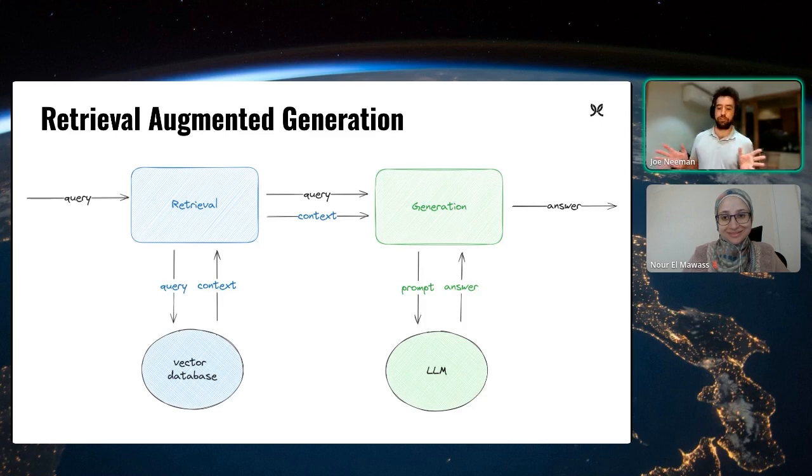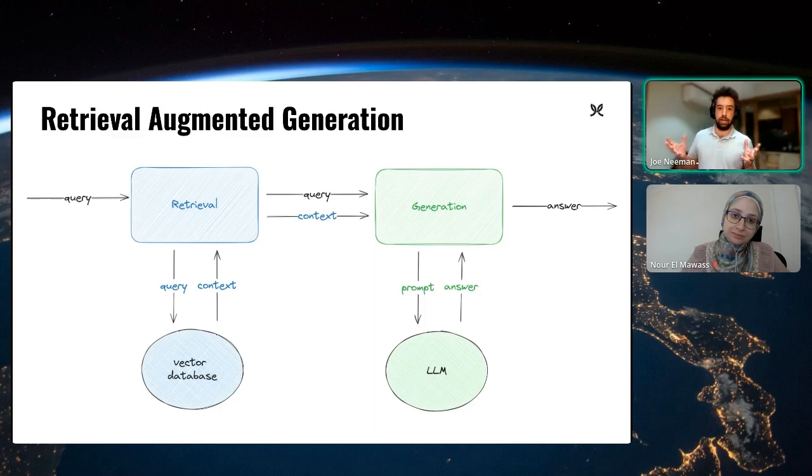So I'll just go over this quickly to get on common terminology. The basic idea of retrieval-augmented generation is you have generation, which is your large language model, which generates text. But then you augment that generation with a retrieval step. You have a query coming in from the user, and the retrieval step uses that query to fetch some extra context from some database.